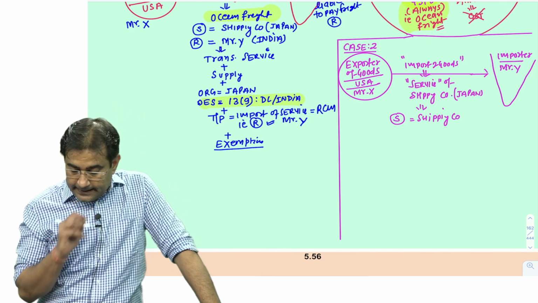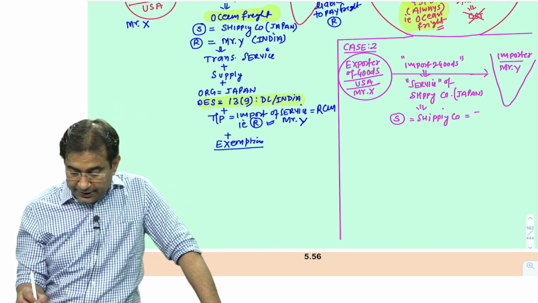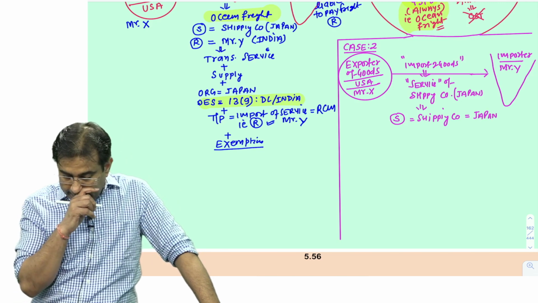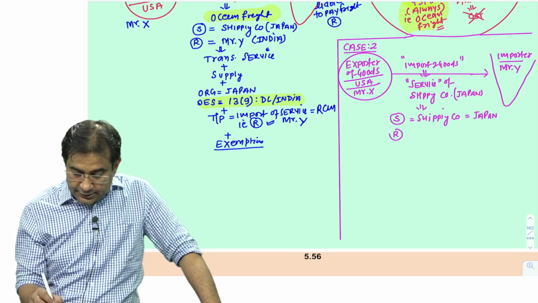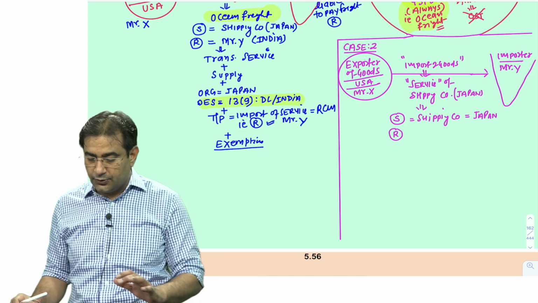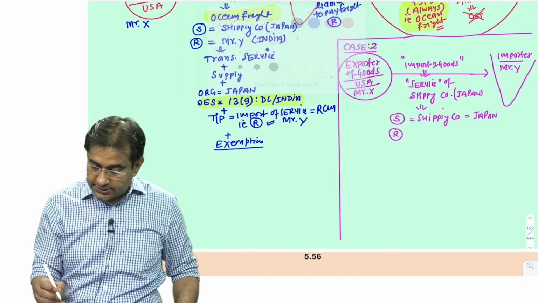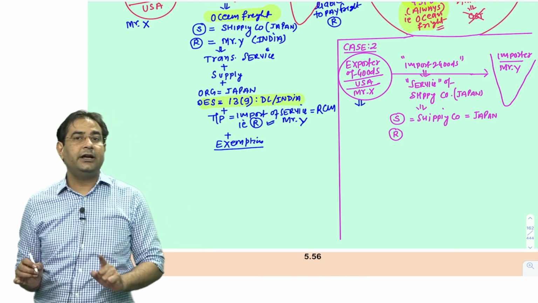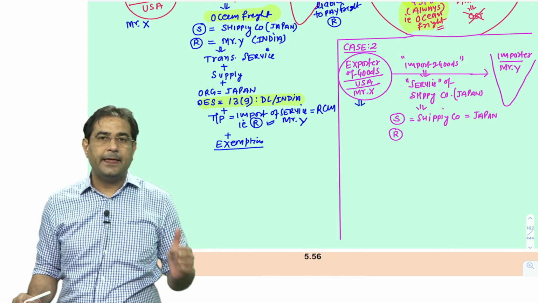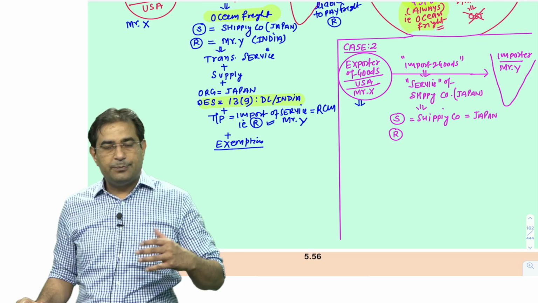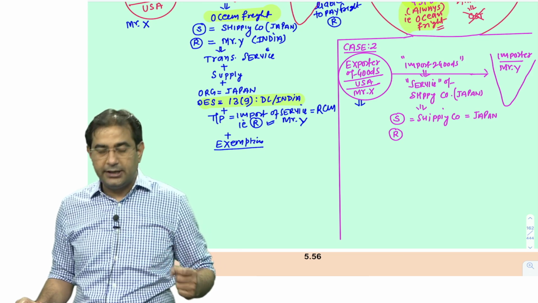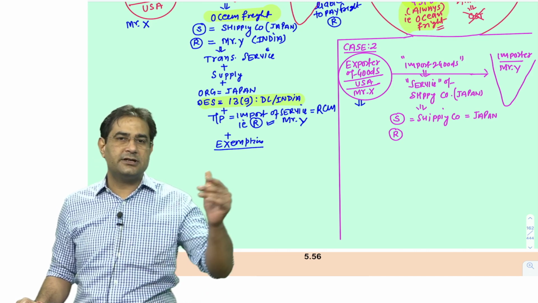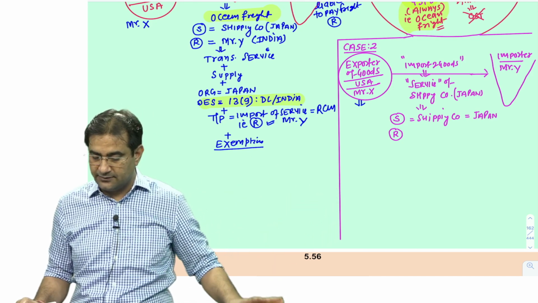Okay, yes, sir. And the shipping company belongs to Japan. Okay, no issue. And who is the recipient? As I have earlier told you, in this particular case, I will make only a single change. This time freight is paid by the exporter, and as per customs laws, when freight is paid by the exporter, the contract is called a CIF contract. We will discuss the CIF point in customs as well.